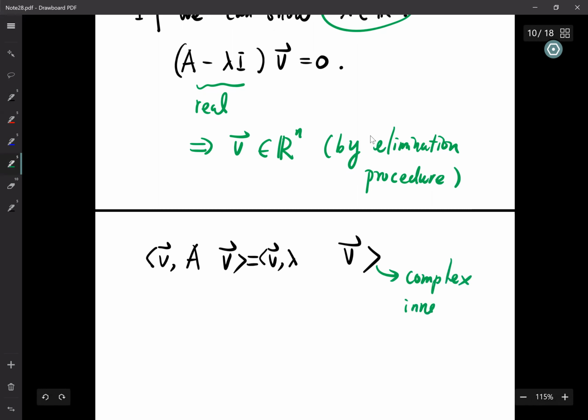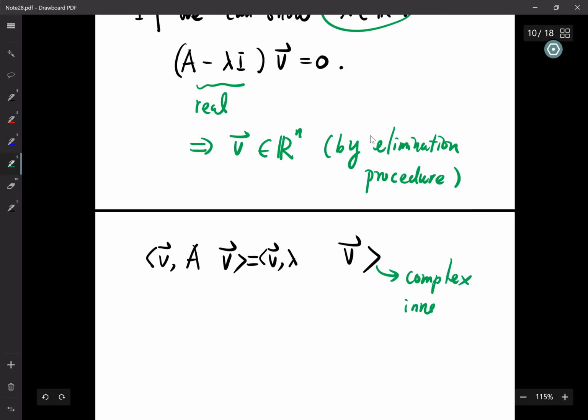Now let me take a mysterious step, maybe, which is I put a star on both sides. Now I say, wait a minute, isn't this just a number? So this is a 1 by n, n by n, n by 1, and this is a 1 by 1, which is a number.